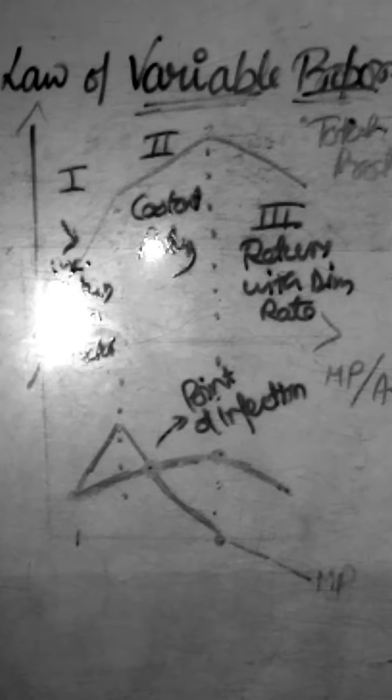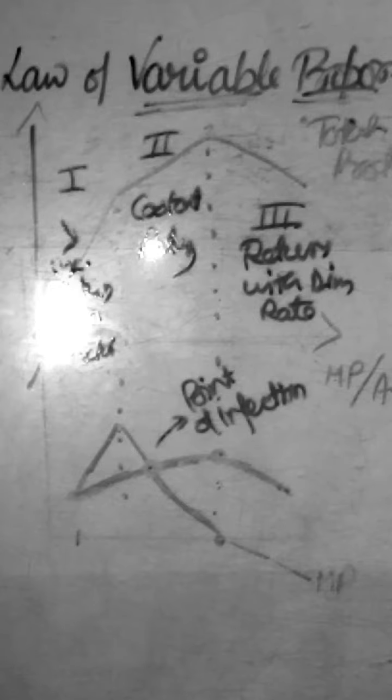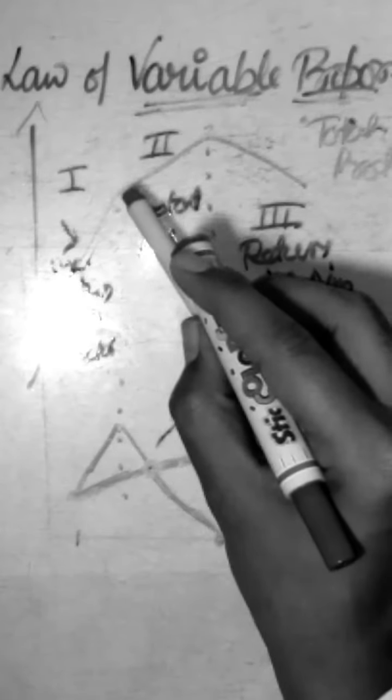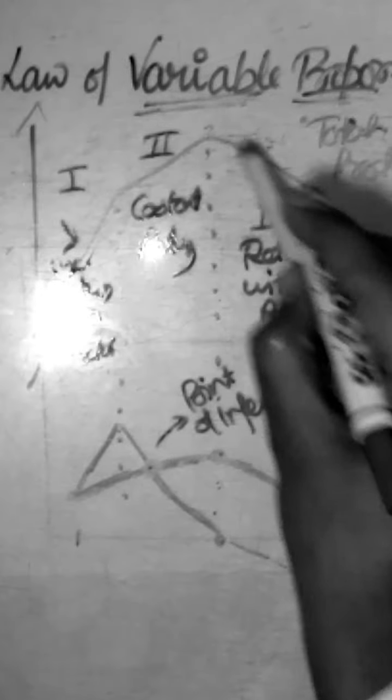So now it is very clear to you guys how to define this law of variable proportion. It is all about keeping one factor of production constant. If we raise another factor of production, then the total production first increases at an increasing rate, then increases at a decreasing rate, and then starts falling.